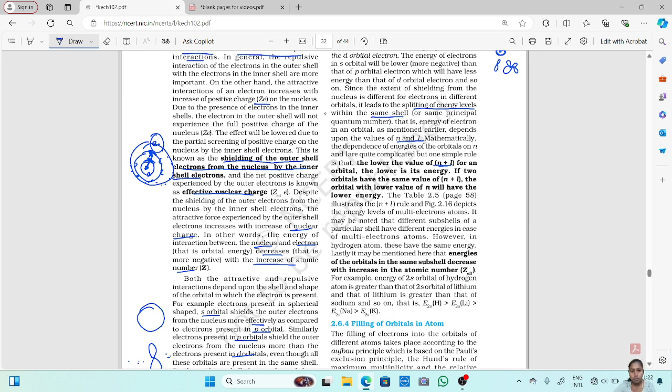If two orbitals have the same value of n plus l, the orbital with lower value of n will have the lower energy. If you calculate n plus l, the lower the value, the lower the orbital's energy. If two orbitals have the same value of n plus l, the orbital with lower value of n will have the lower energy.